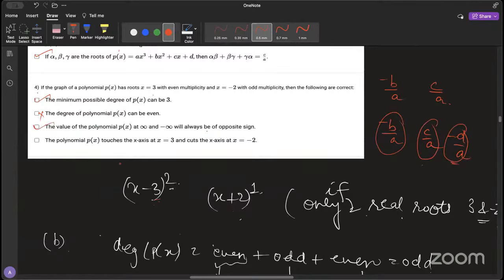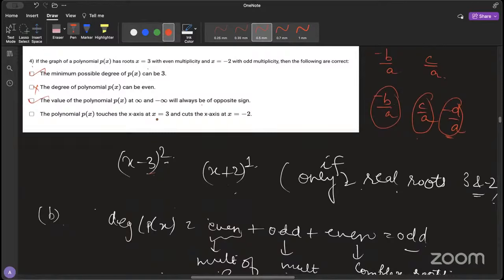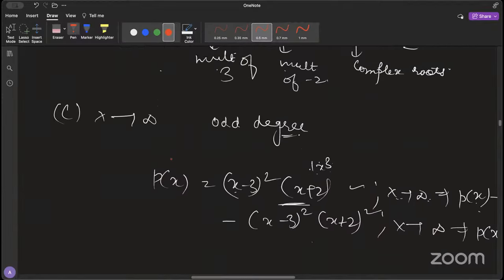And then the fourth one is the polynomial p(x) touches the x-axis at x equals 3 and cuts the x-axis at x equals minus 2. In that I don't have any confusion. You're clear with this one, right? Yeah, I'm clear. I'm only confused about why option C. I was only considering plus one. I didn't consider the negative one also. In that way, yeah, then it makes sense.